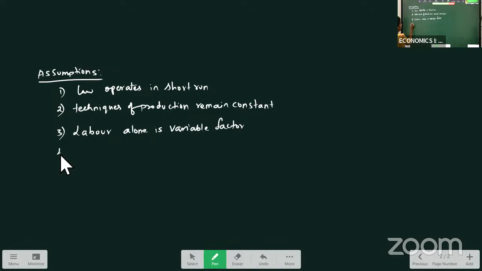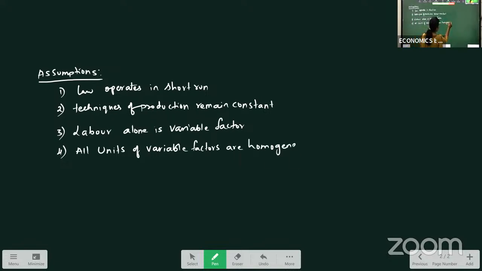Another assumption is that all units of variable factors are homogeneous. Whatever labor is the variable factor, all units of labor are homogeneous. How many labor we are taking? All the labor are homogeneous.